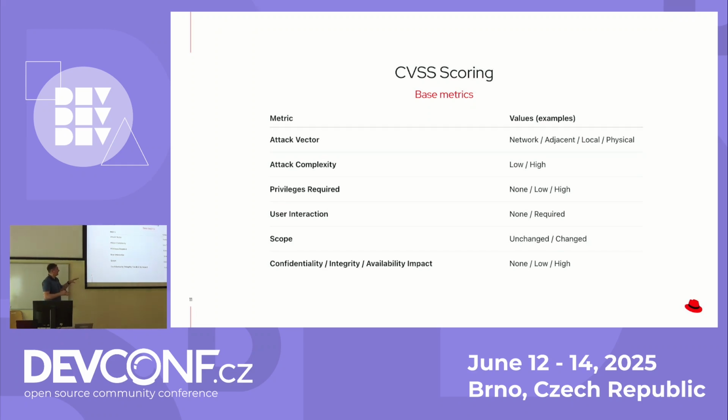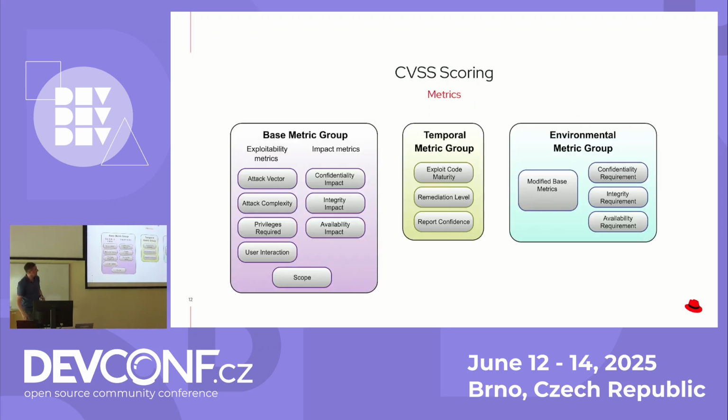And then in the end, C, I, and A: how this vulnerability can affect the subsystems of our whole software. So can somebody use this vulnerability to mess with the confidentiality of our data, the integrity of the data, or maybe impact the whole availability of the system, right? And that's basically the base score, right?